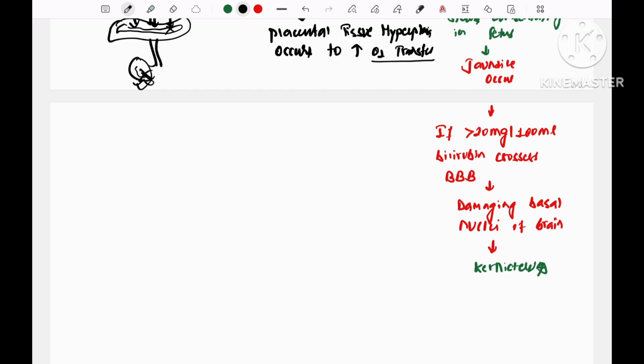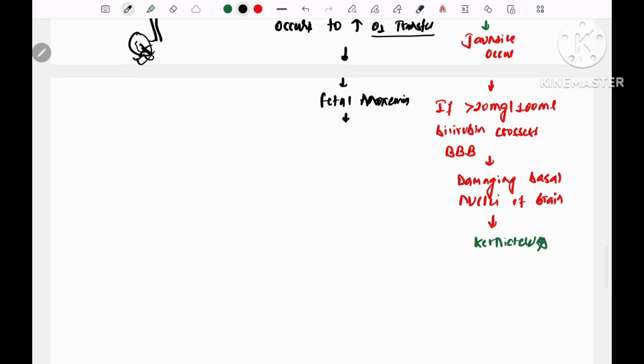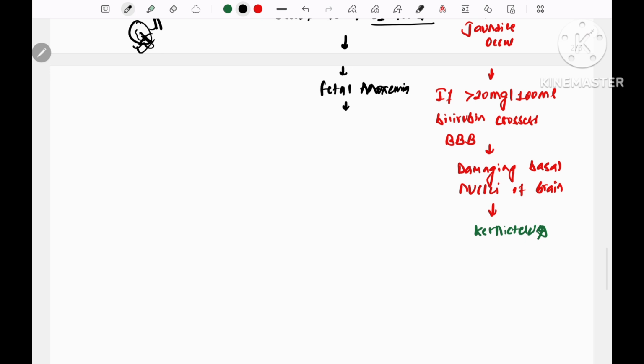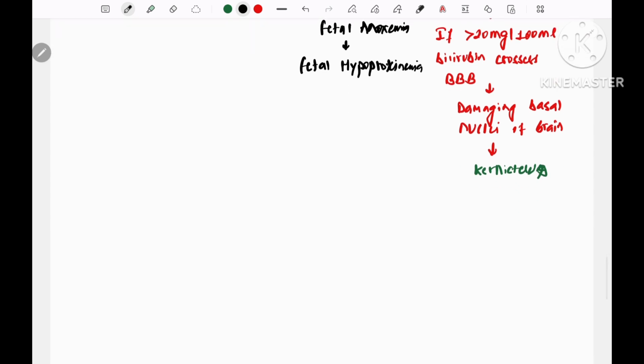There is RBC destruction. So instead, what happens? Fetal anoxemia. Now when this fetal anoxemia happens, fetal hypoproteinemia starts occurring. When the level of protein also decreases, edema starts to occur.